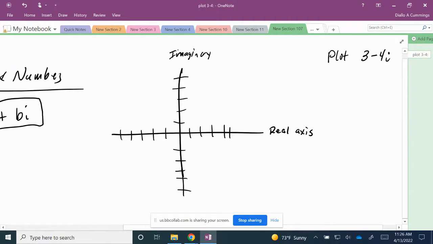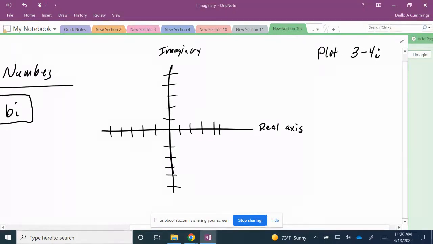It's treated much like an x and y ordered pair. The real number part of my complex number is 3, so I'm going to go 3 places to the right. Since the imaginary part is -4, I'm going to go down 4 units: 1, 2, 3, 4. So this is my plot for the complex number 3 minus 4i.